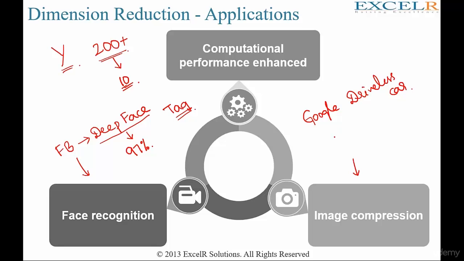And these images should be analyzed within a split second. Within a split second, a message has to be sent to the driverless car that it has to apply brakes if there is a pothole ahead.